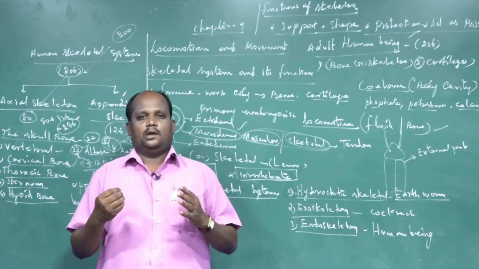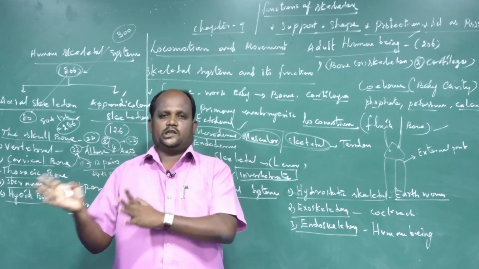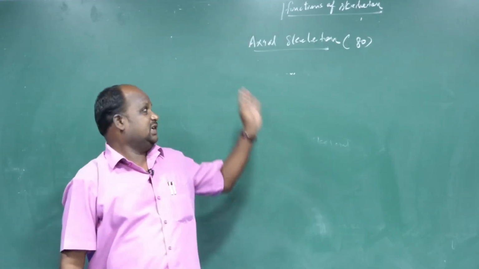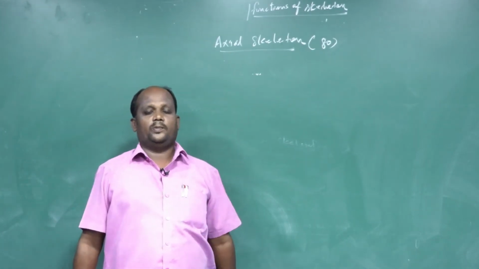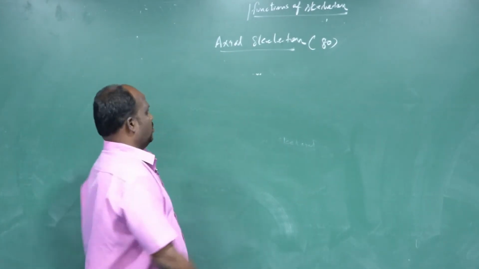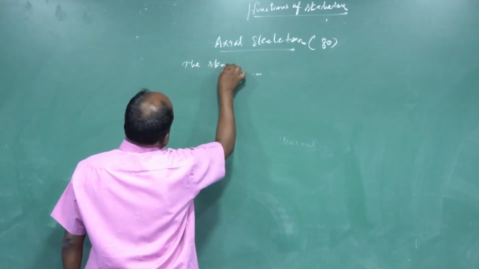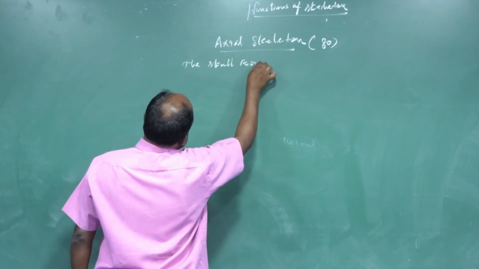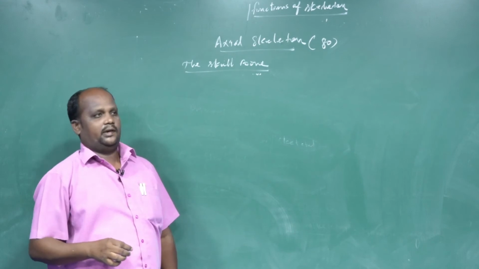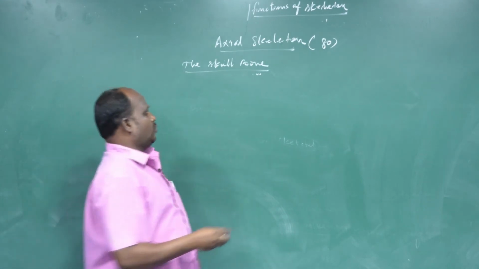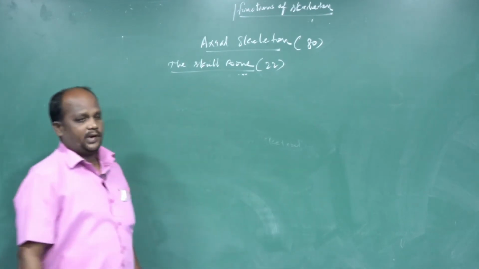So these are the functions of the skeletal system. Now, the axial skeleton. The first part of the axial skeleton is the skull bone. I already told you that 22 bones are present in the skull.